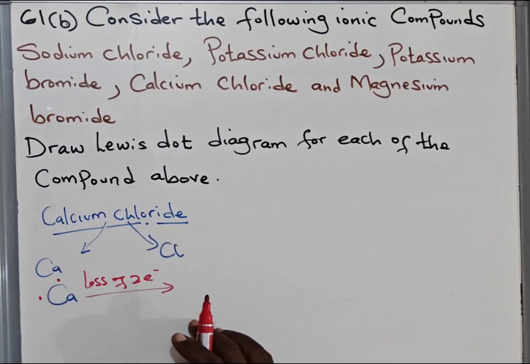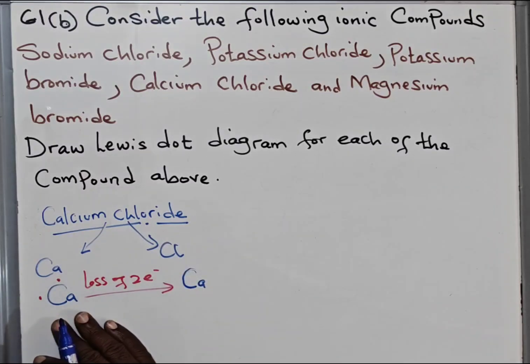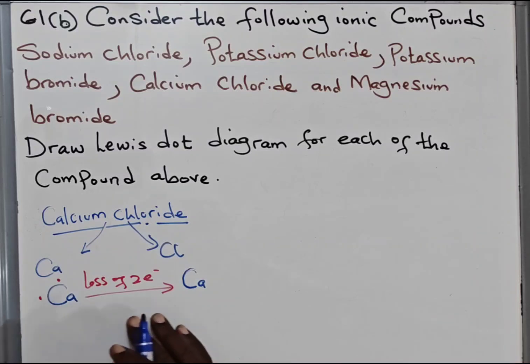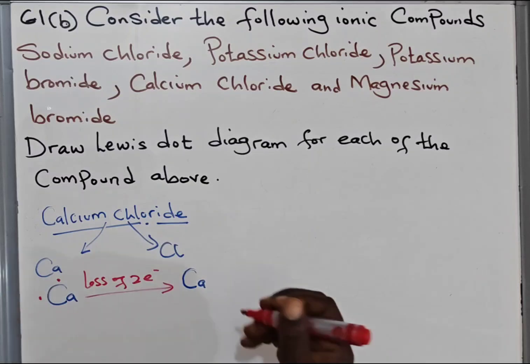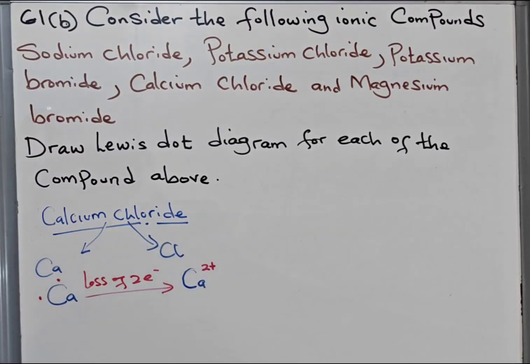Why does it do that? To attain stability. So in losing the 2 electrons, what do we get? We are going to get our Ca without the 2 electrons which have been lost. But something happened. Losing the 2 electrons makes our calcium attain a positive charge, and it is plus 2 because it lost 2 electrons.